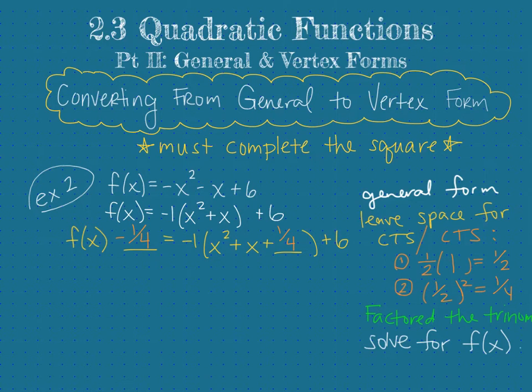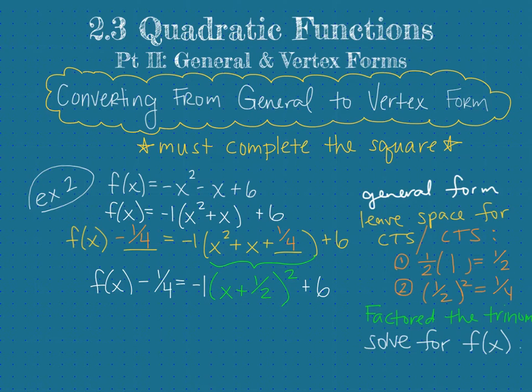All right, we have now created a perfect square trinomial in here. That needs to factor. What are two numbers that multiply to 1/4 that add up to 1? Well, 1/2 and 1/2. That's the number we used. So this is going to look like x plus 1/2 quantity squared. We still have everything else to bring down. So we have f of x minus 1/4 equals -1, and then that, and then plus 6.